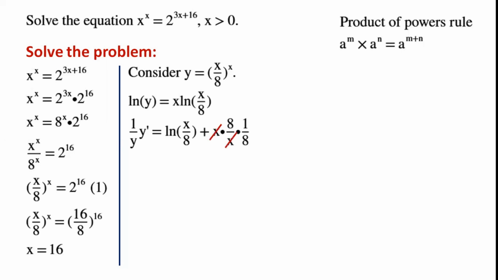x and 1 over x cancel. 8 and 1 over 8 cancel. So we can write the second term on the right-hand side of the equation as 1. 1 is equal to ln e. ln (x over 8) plus ln e can be written as ln (e x over 8).